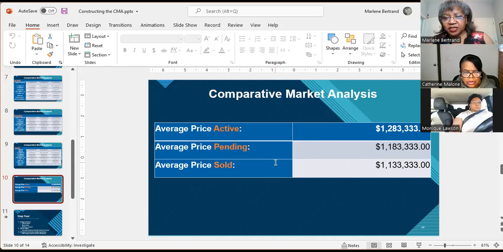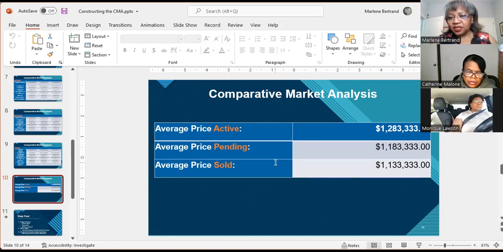And that'll give them a good idea of what they might want to ask, or might want to purchase the house for. But these are just numbers that you generated from other sales. Now you're going to want to take into consideration the property condition.